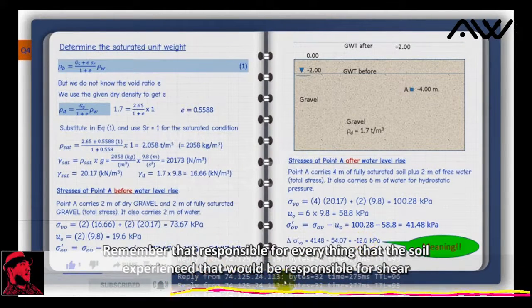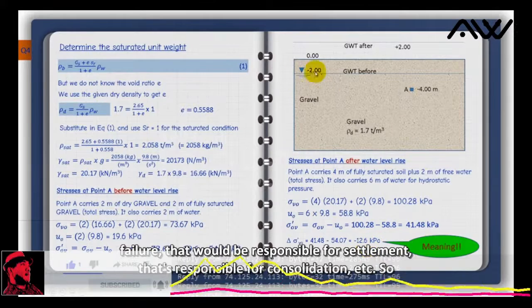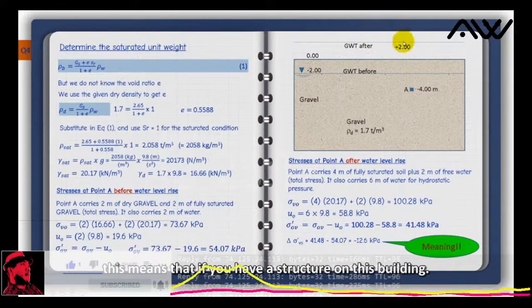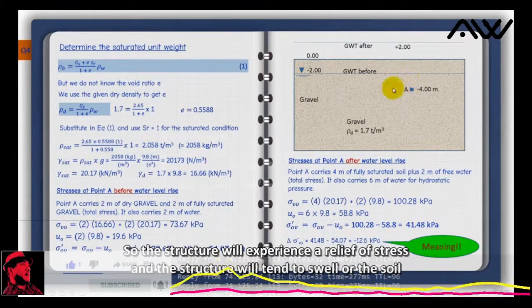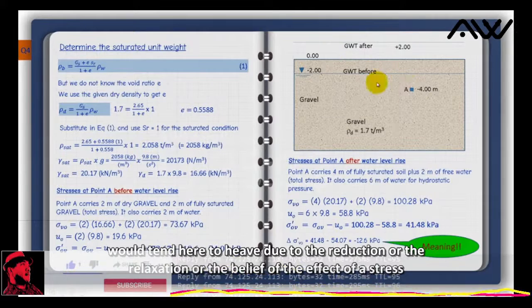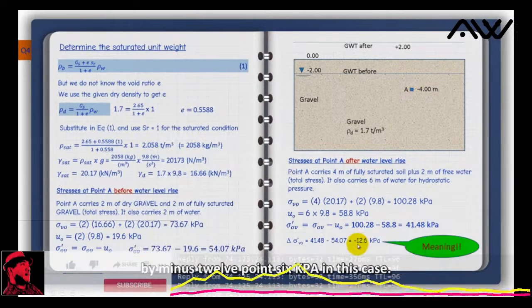That would be responsible for shear failure, settlement, consolidation, etc. So if you have a structure on this soil, the structure will experience a relief of stress, and the soil would tend to swell or heave due to the reduction or the relaxation of the effective stress by minus 12.6 kPa in this case.